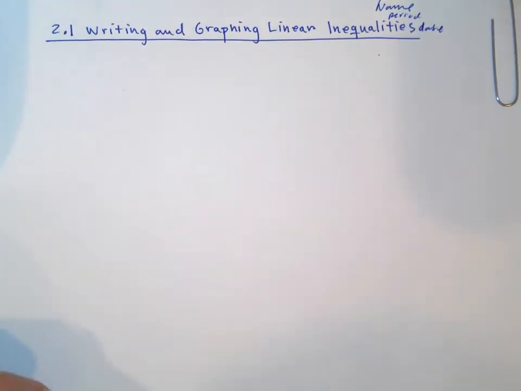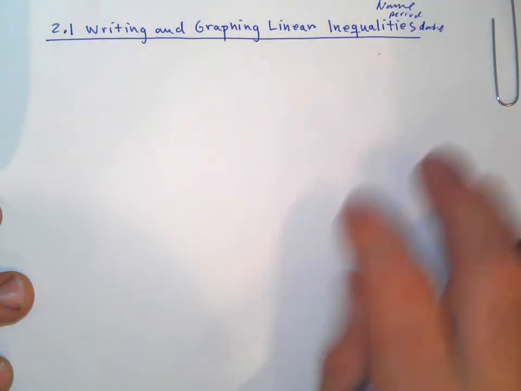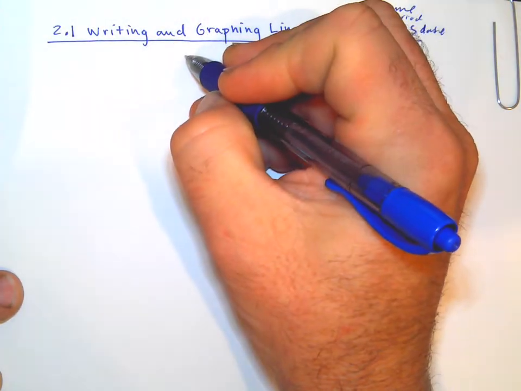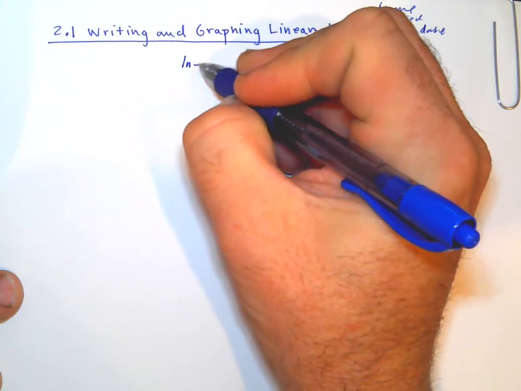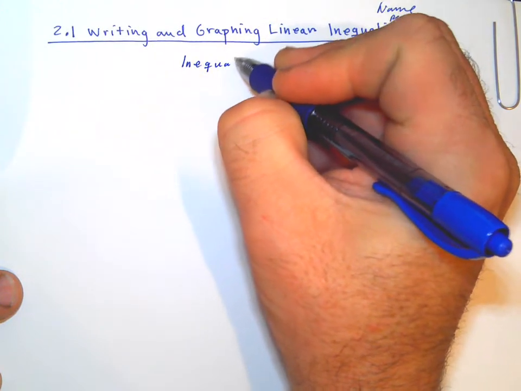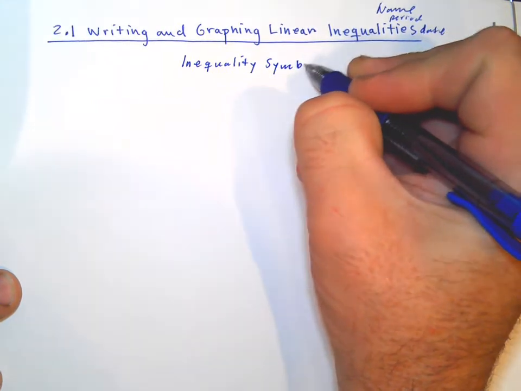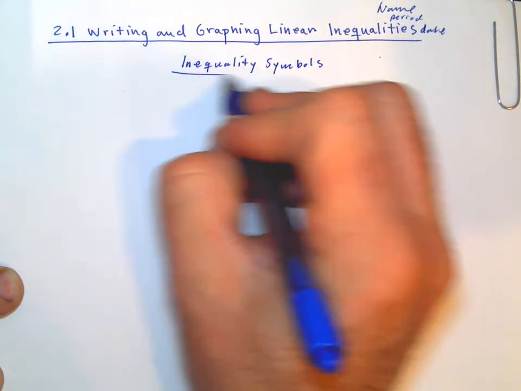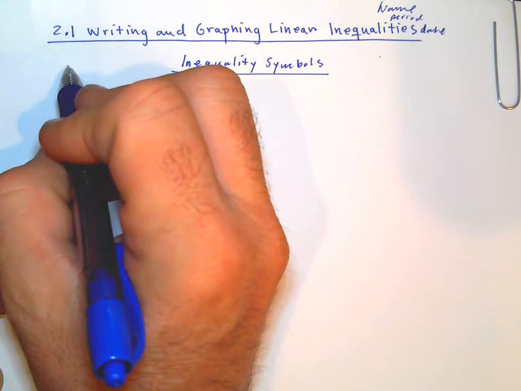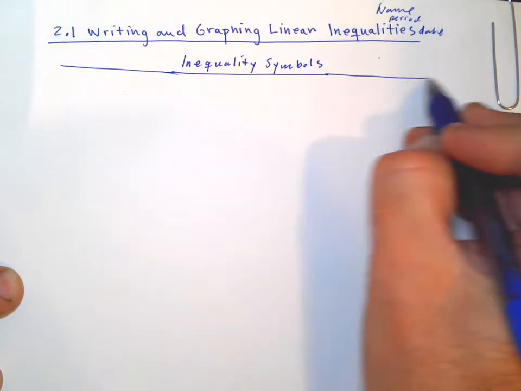Now, inequalities are less than, greater than. So let's start by making a little cheat sheet up here at the top. These are inequality symbols. Let's talk about the inequality symbols. Now, make a little table here.